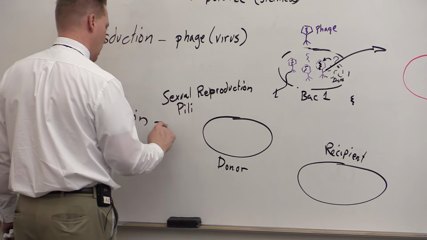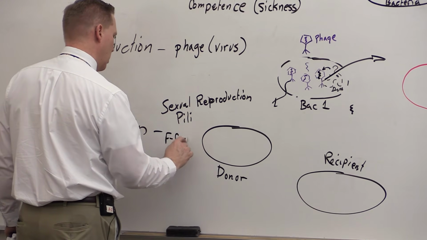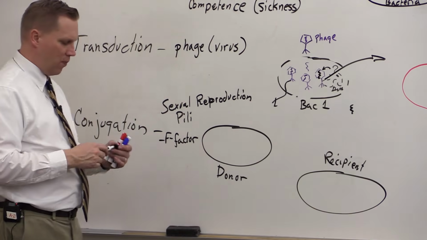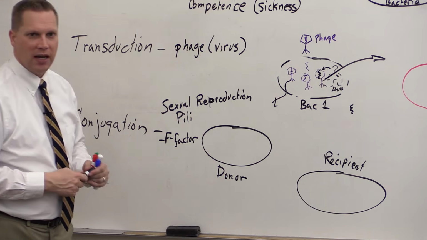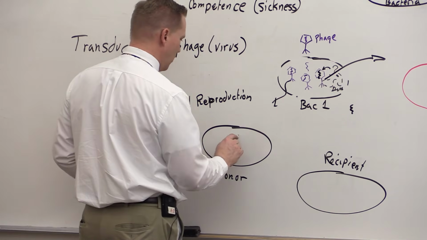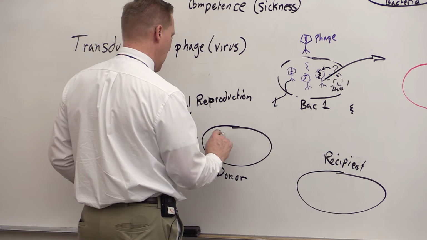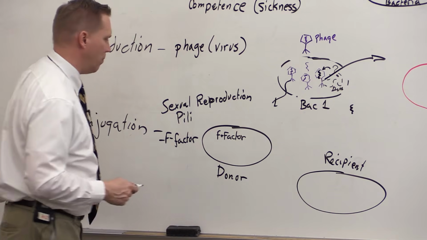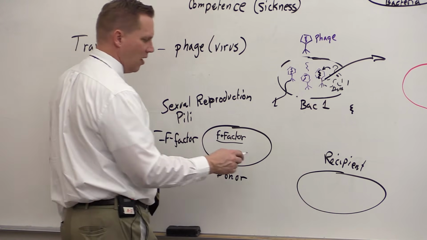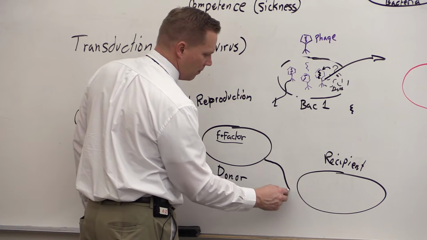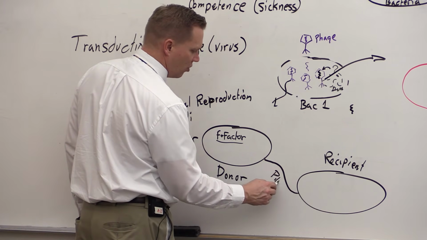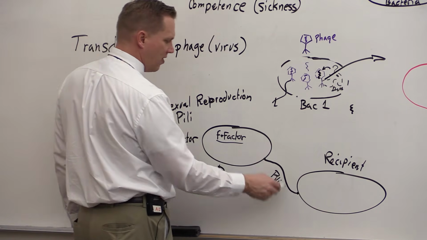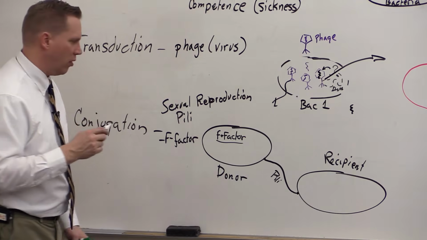And then there is something called the F factor. And so the F factor is a group of genes that encode the ability to carry out conjugation. And so you have your donor cell, and it is actually the one that has to have the F factor. So it has an F factor in it, this set of genes, and it will then create this structure that anchors onto another cell, and that's the pili that we drew earlier on our board as we were describing them.